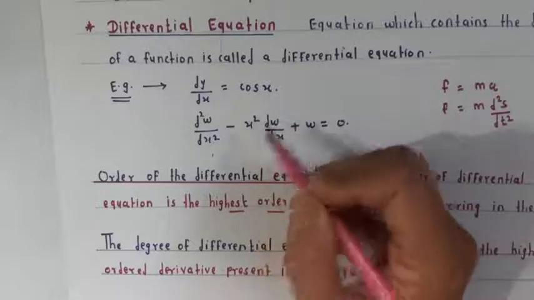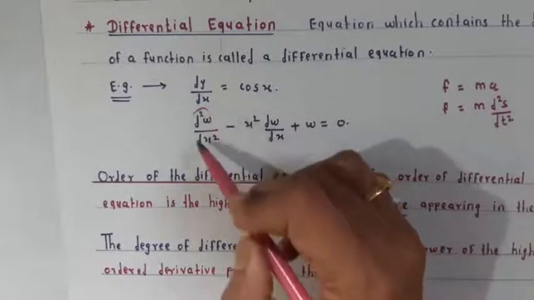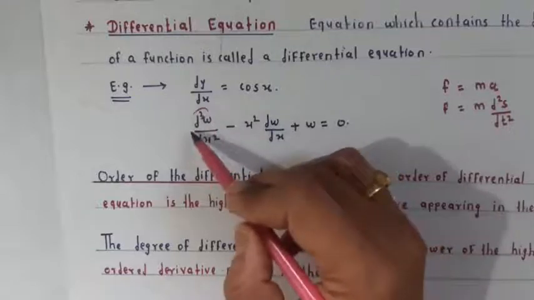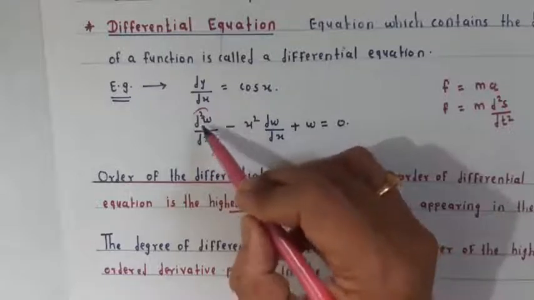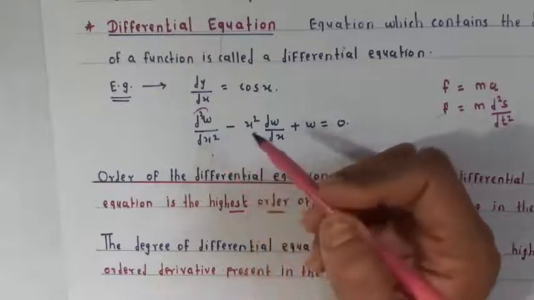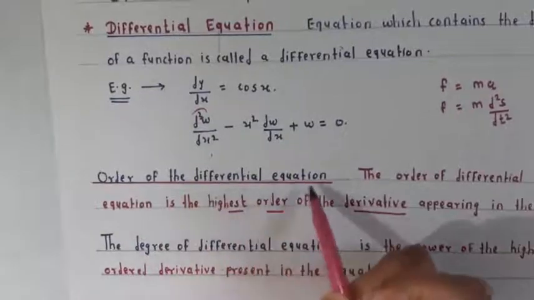So the highest order is 2. Hence, for this differential equation, the order is 2. In this way we can find the order of a differential equation.